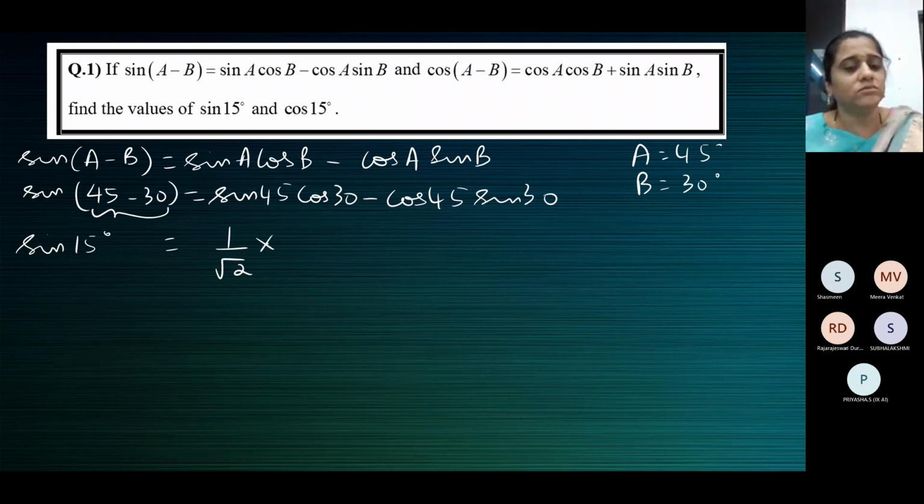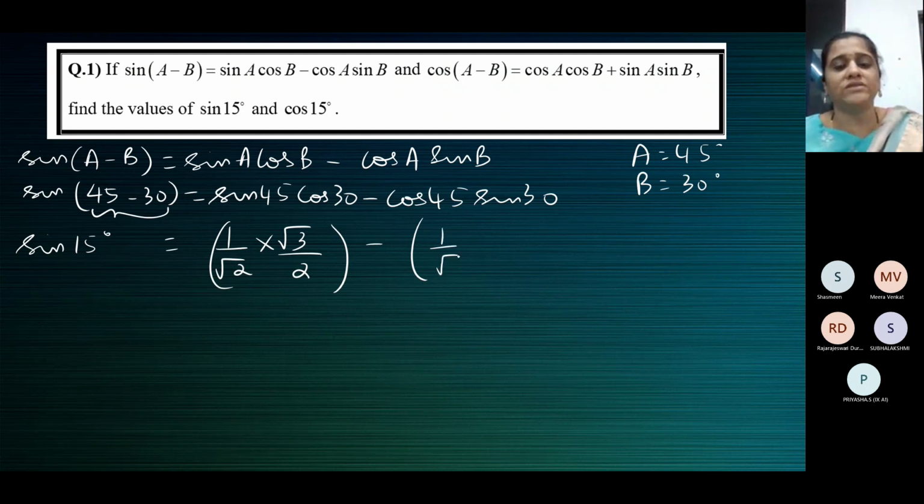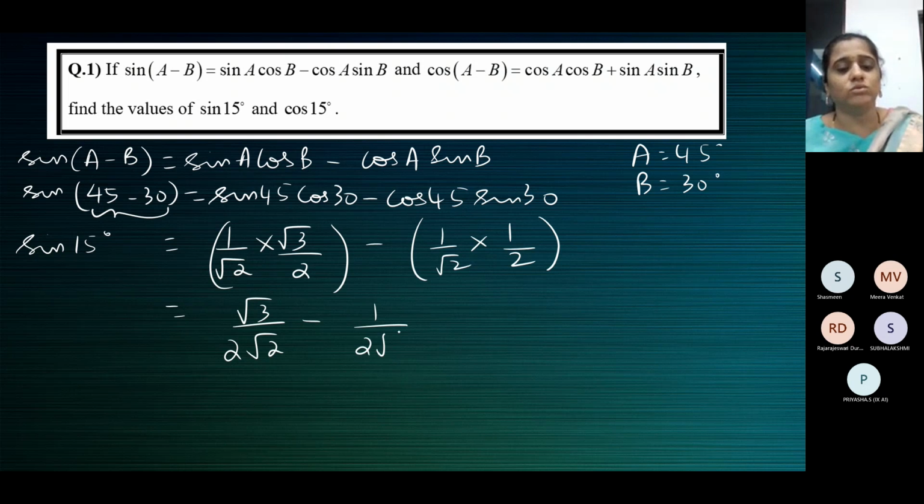Cos 30? Root 3 by 2, minus cos 45? 1 by root 2. Sine 30? 1 by 2. So what is this? Root 3 by 2 root 2 minus 1 by 2 root 2.